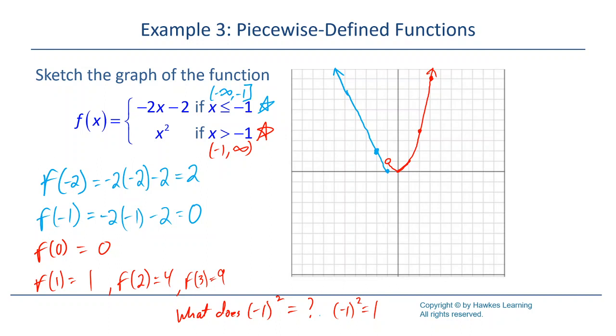Whenever you graph a piecewise function, you always need to look at what values are included, what values are excluded, and what's my interval that each of these functions is working on. And if it helps you to write x is greater than -1 as -1 to infinity, write the interval notation.